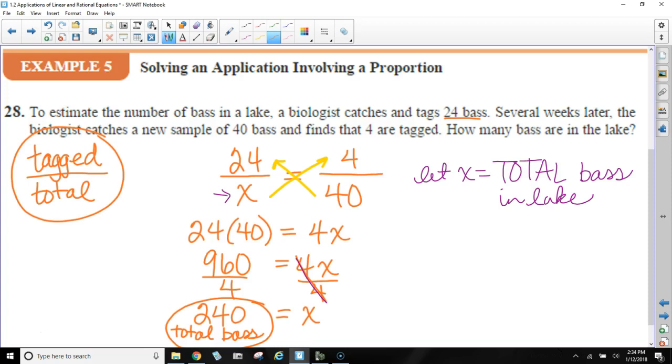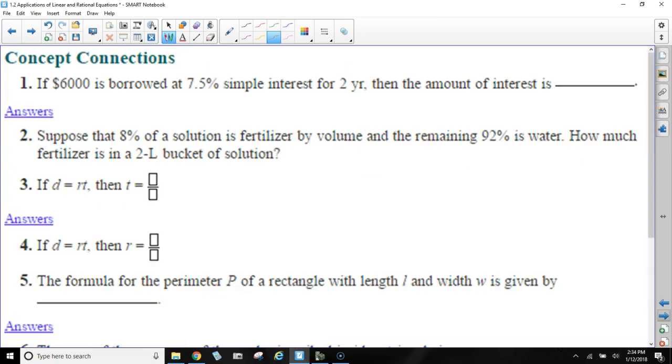Now we're going to wrap up this chapter by filling in the blanks for the concept connections. Number 1 says if $6,000 is borrowed at 7.5% simple interest for 2 years, then the amount of interest is, remember our formula, interest is equal to principal times rate times time. So the amount of interest is going to be $6,000 times the interest rate in decimal form, 0.075, that's 7.5%.